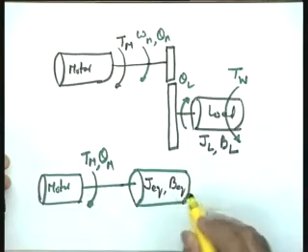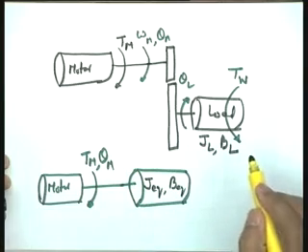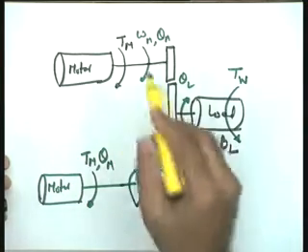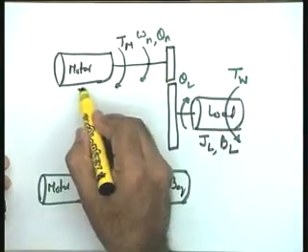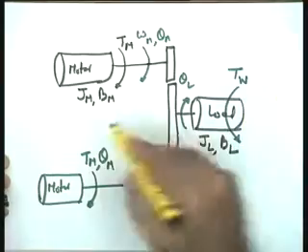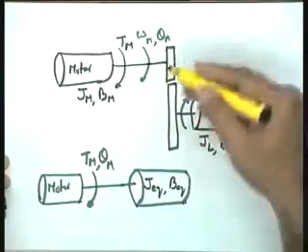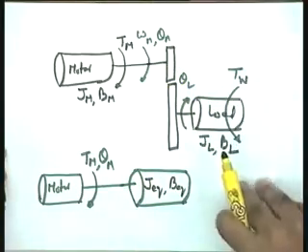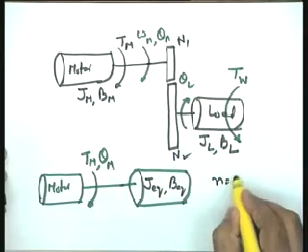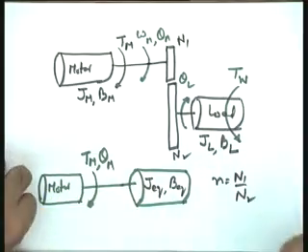In that particular case, the mathematical equation describing the system will be the same if I write J equivalent as a function of JL, and let me say that the motor shaft has the parameters Jm and Bm, where Bm is the frictional coefficient on the motor shaft, and Jm is the inertia due to rotor, gears and other things. So, if I take N1 and N2 as the teeth, and small n equal to N1 by N2 as the gear ratio, please recall the result.